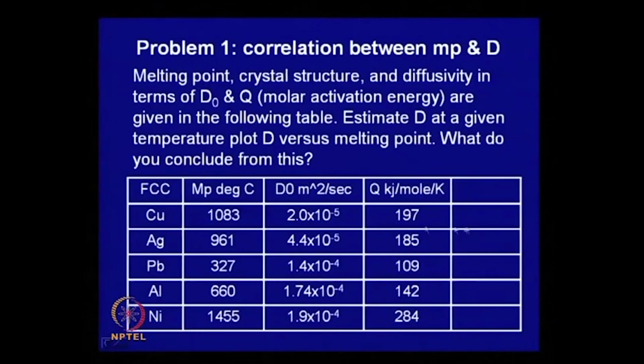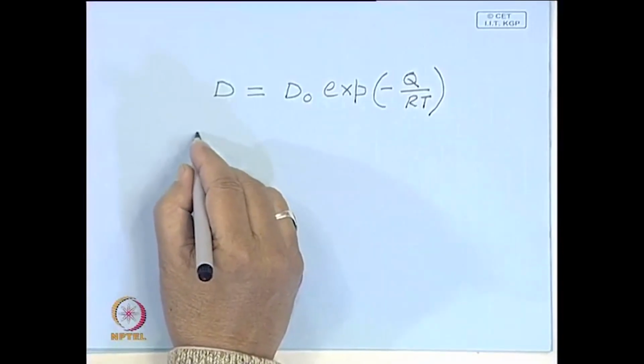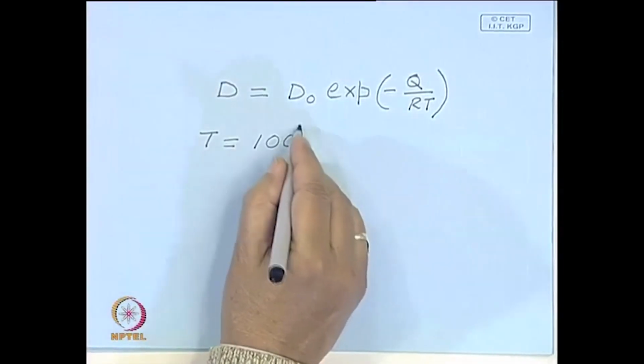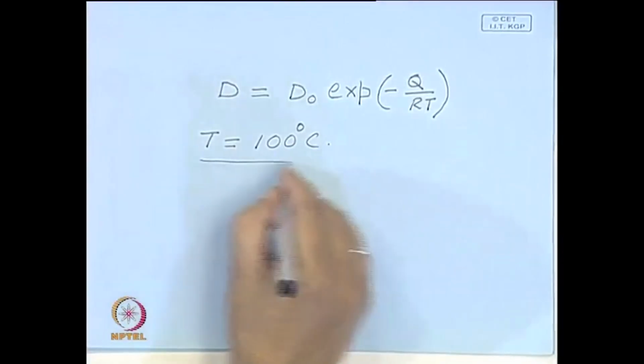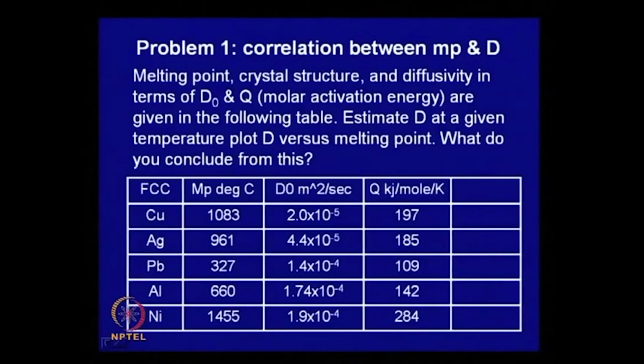So, in any case at a particular temperature, let us say we calculate D at T equal to, let us say, 100 degree centigrade or room temperature, and try and see does this have a correlation with the melting point of the metal.